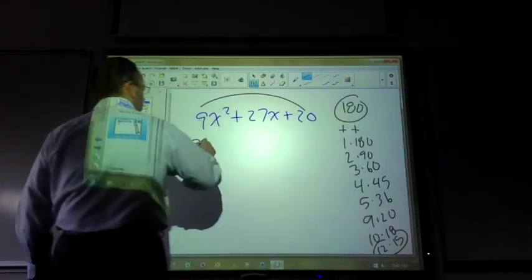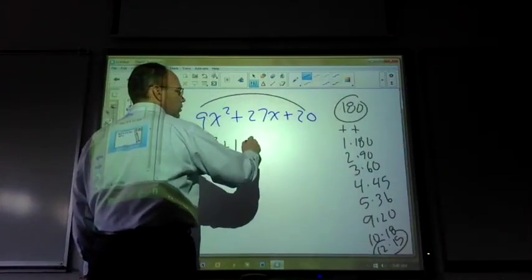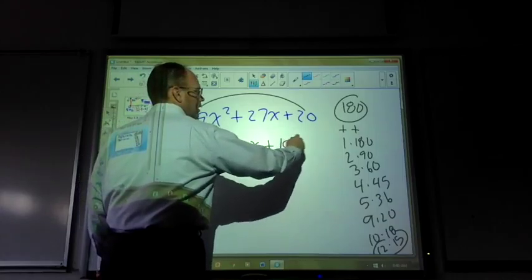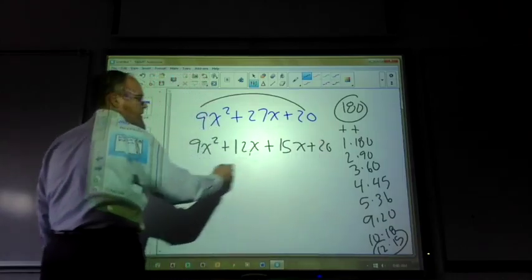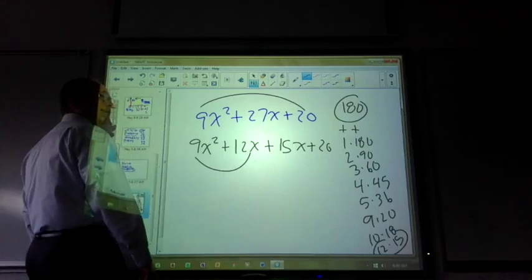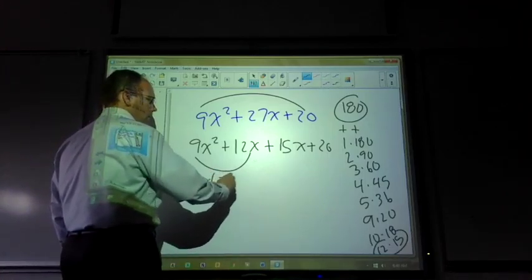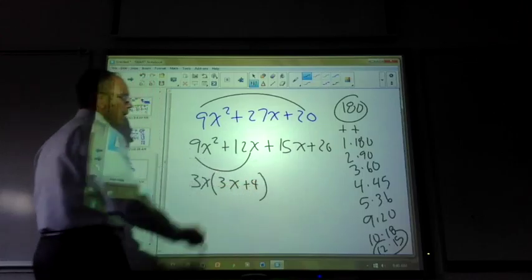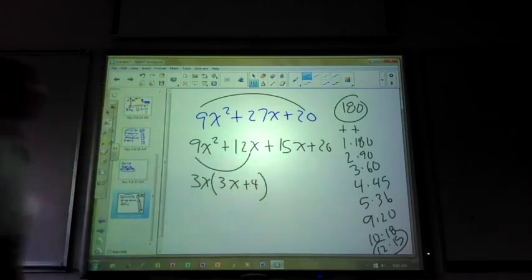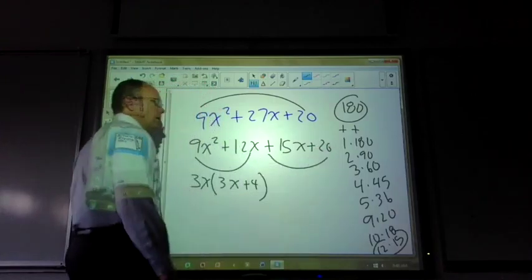So I have 9x squared plus 12x plus 15x plus 20. What do I have in common between those? 3. What else? X. Good. Good so far? What do I have in common between these? 5.